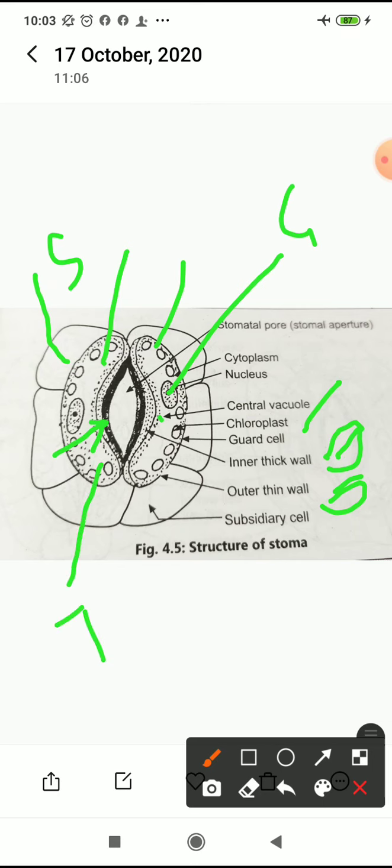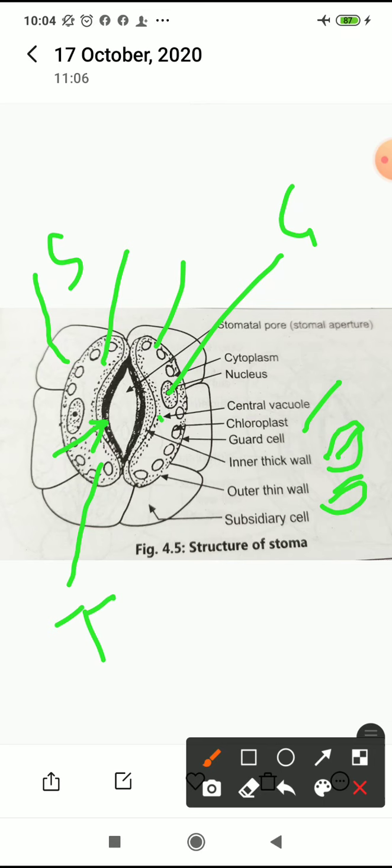So a turgid guard cell means the guard cell swells, and thus the outer wall of the guard cell, as it is thin and elastic, gets stretched or pulled outward, while the inner cell wall of the guard cell, which is non-elastic and thick-walled, instead of stretching, becomes concave.